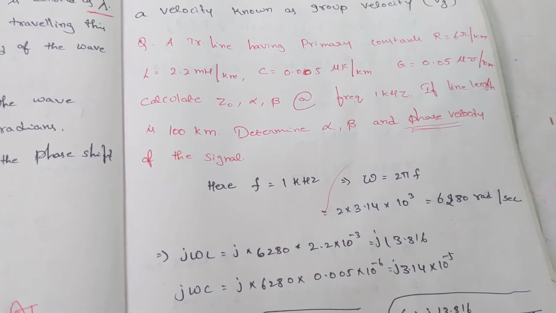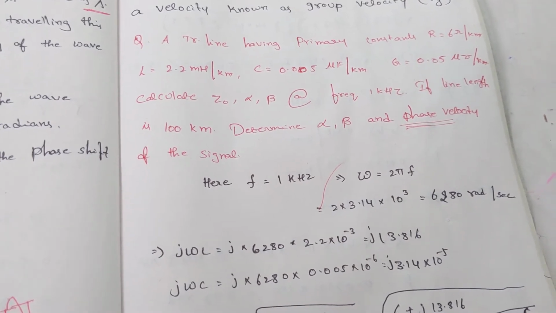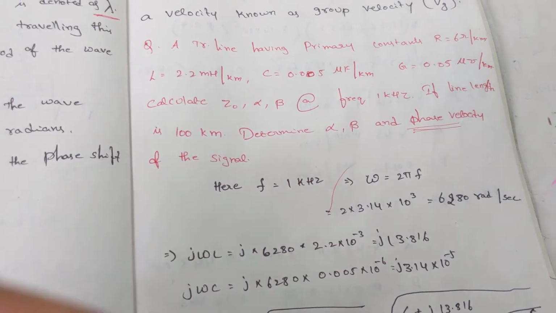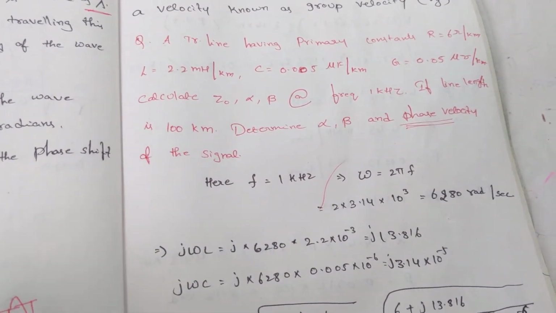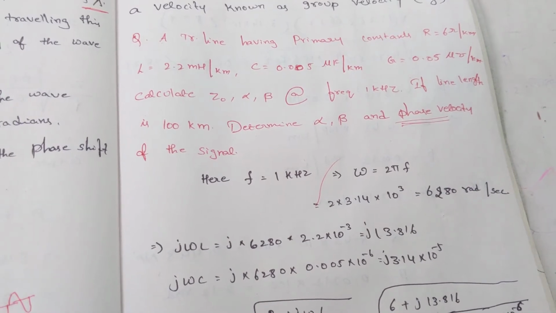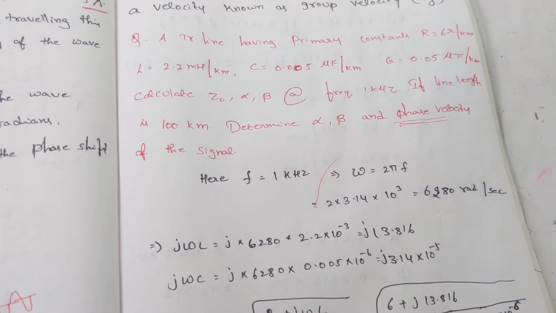Please follow the same procedure, there will not be any issue. In previous cases I could solve directly by multiplication or division, but right now we are supposed to find out z0, alpha, beta.